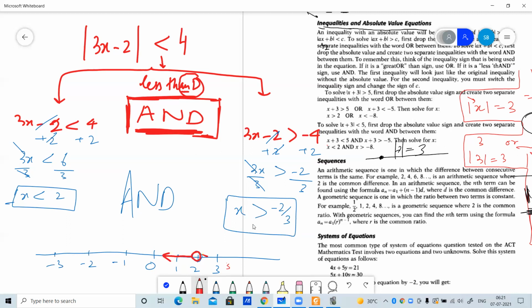And x is greater than -2/3. So -2/3, how much will it be approximately? Can you calculate it on the calculator?